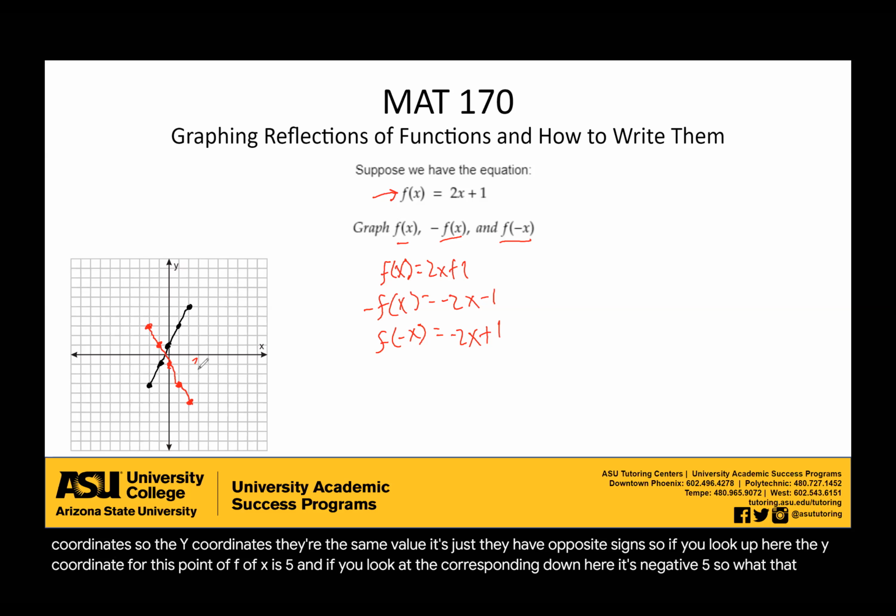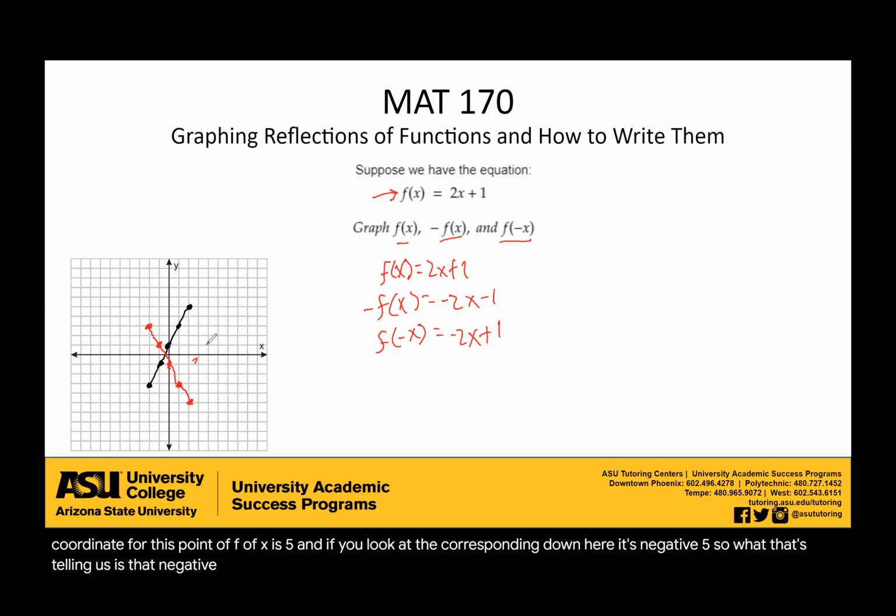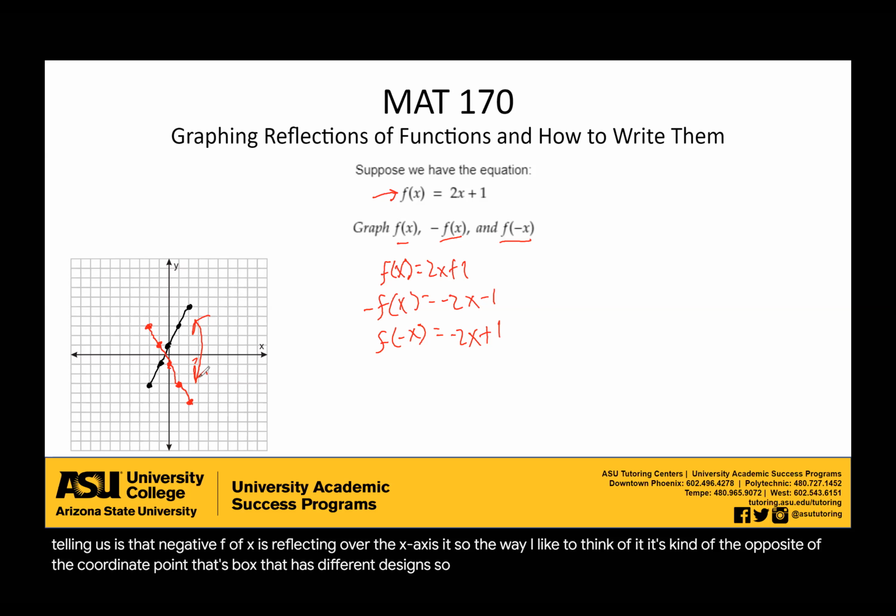So what that's telling us is that negative f of x is reflecting over the x-axis, right? The way I like to think of it is it's kind of the opposite of the coordinate point that has differing signs. In this case, we're looking at the y values here, right?